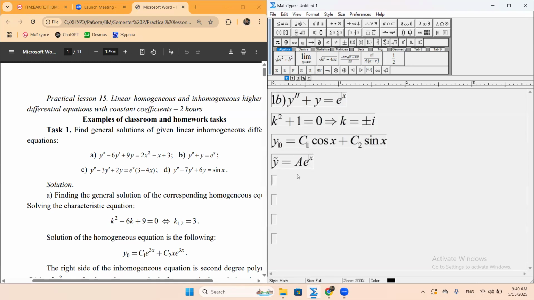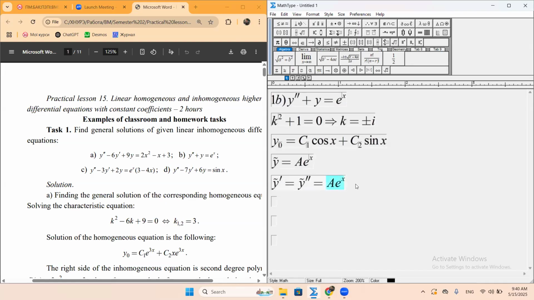Of course, y with the wave, its second derivative equals a e to the power of x.